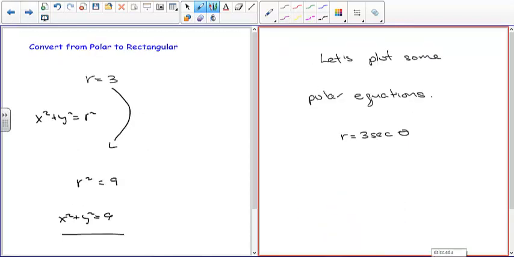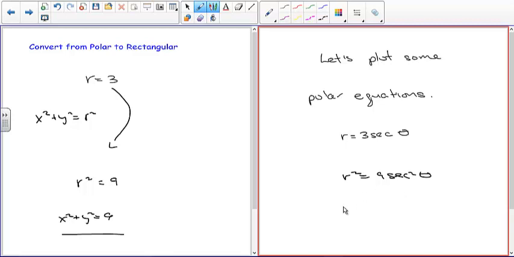Let's do another one here. Here is one: r equals 3 secant theta. So the question is, how do we do that? I just told you. We could square both sides. You get r squared equals 9 secant squared theta. And then just like before, you can use a Pythagorean identity to rewrite secant squared in terms of tangent squared.